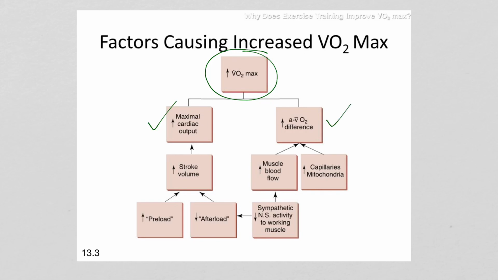The increased cardiac output, we know, was generated by an increase in stroke volume because heart rate doesn't change much, and that's primarily due to an increase in preload or the end diastolic volume with perhaps a reduced afterload, and then, not shown here, but we know also an increase in contractility. And the AVO2 difference, of course, is mainly due to capillaries and mitochondria. So that shows us the factors involved in increasing our VO2 max with training.